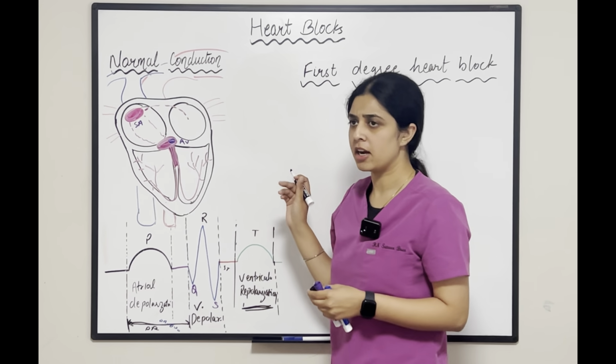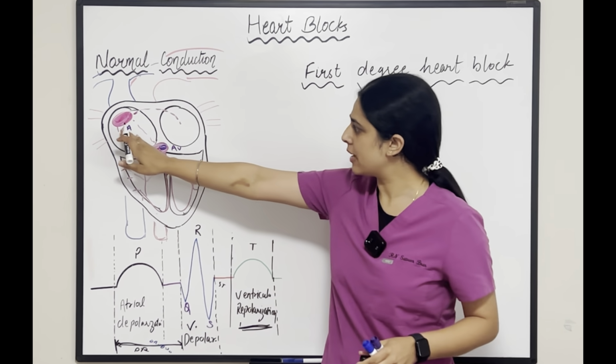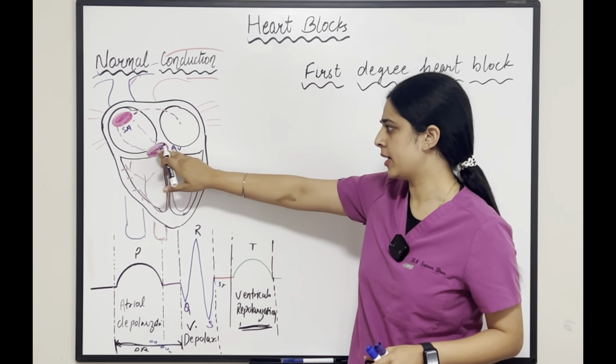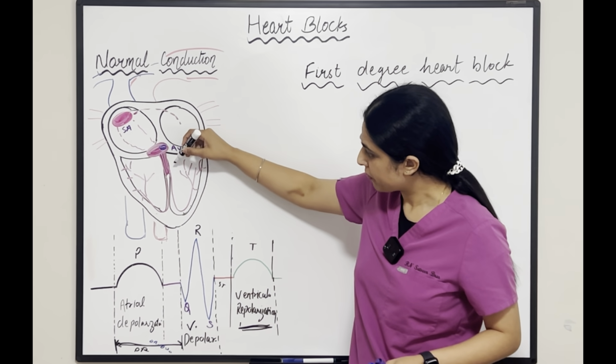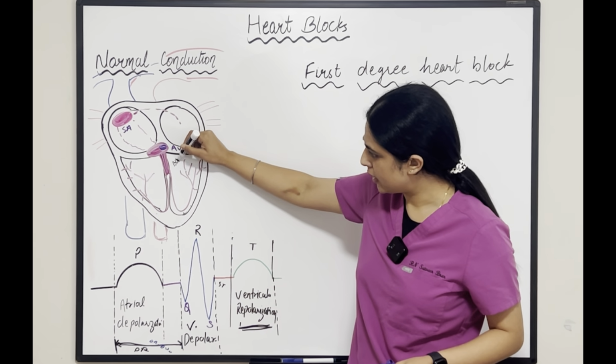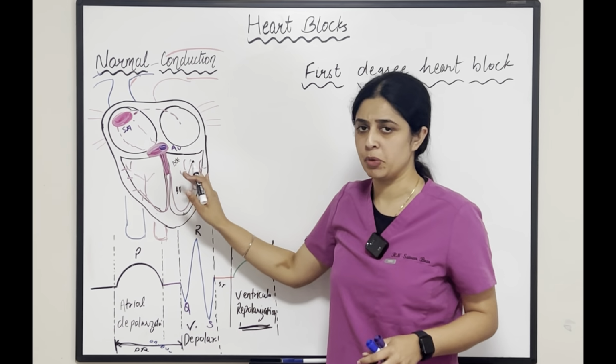In first degree heart block, there is a slowdown at the AV junction. Normally the SA node sends an impulse to our gatekeeper AV node, and the AV node sends impulses to the bundle of His, then bundle branches, and then Purkinje fibers. But what happens in first degree heart block? There is a slowdown of impulses at the AV node.